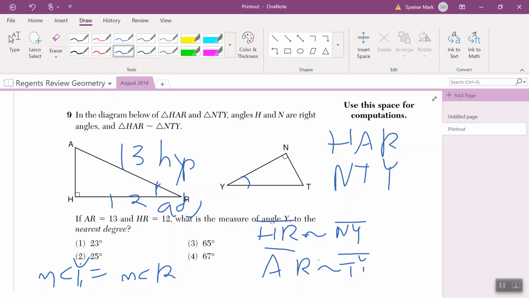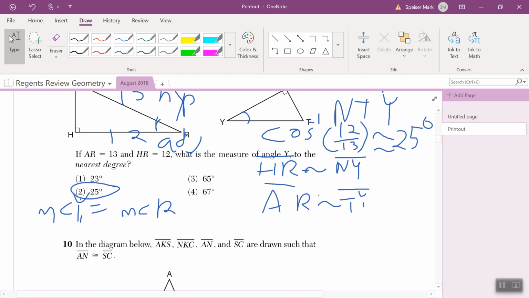And we're looking for the angle, so we use the inverse cosine. So the inverse cosine of 12 over 13 is approximately 22.6 degrees, or 23 degrees. Choice number 2. On to question number 10.